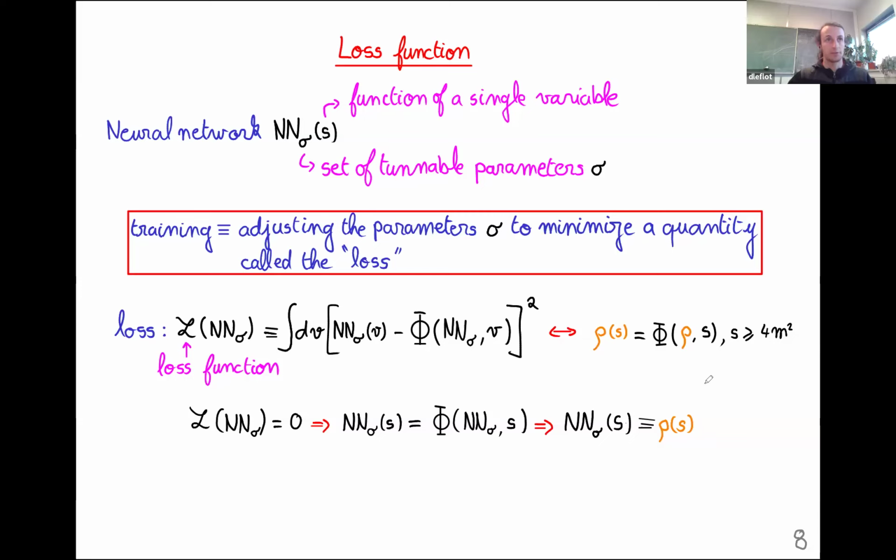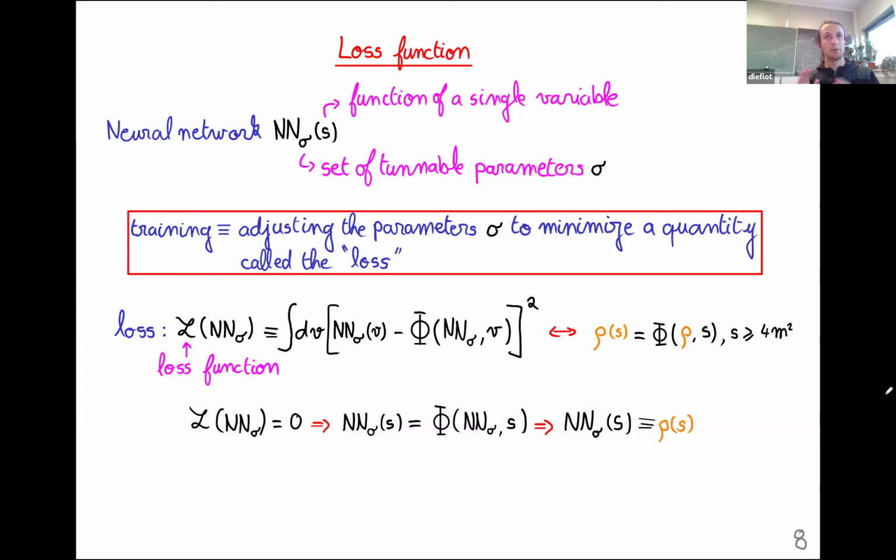In particular, this loss is minimized when it is equal to 0, and then the neural network actually satisfies the unitarity equation. So basically, we have our neural network, which is our spectral density.